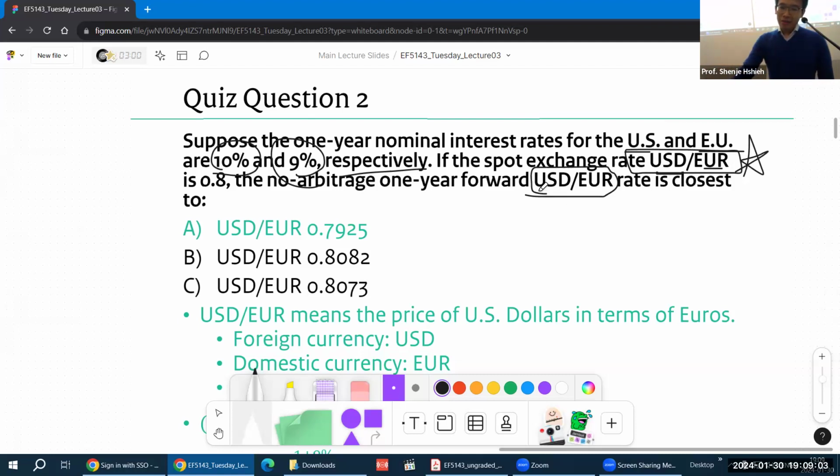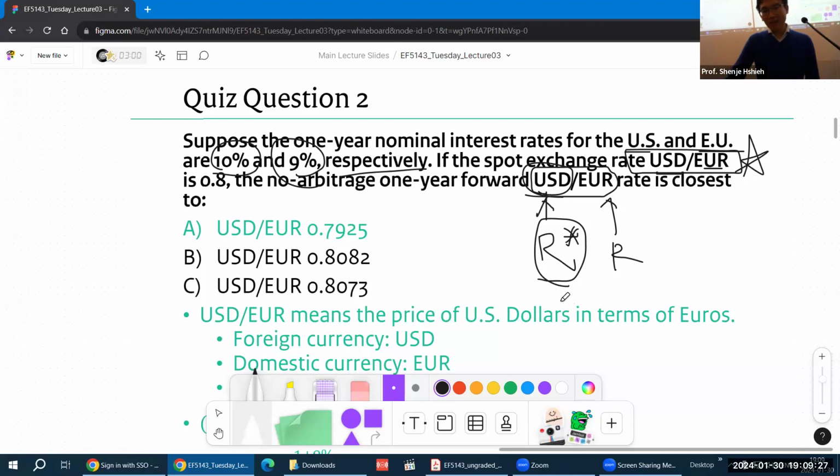USD is the base currency, that's the foreign currency, so USD is going to be our R star, and the euro is the quote currency. You can assume therefore that we're Europeans, that's our home currency, and we're thinking about pricing the foreign currency, which is R star, USD.